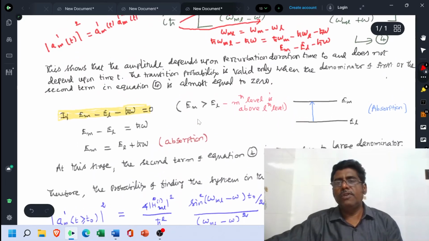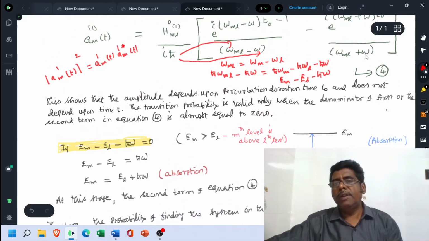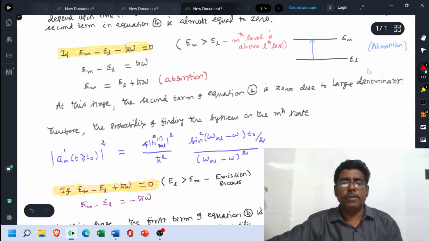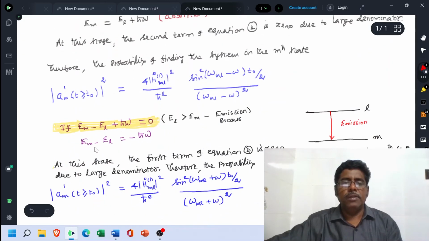Suppose we consider the denominator of the second term equal to 0. Actually ħω_ml plus ħω equal to 0, that is E_m − E_l plus ħω equal to 0, so E_m − E_l is equal to −ħω. This explains the emission process.